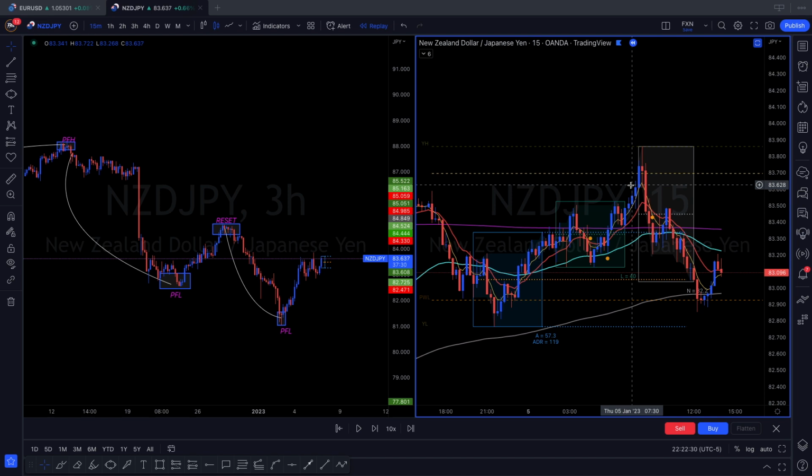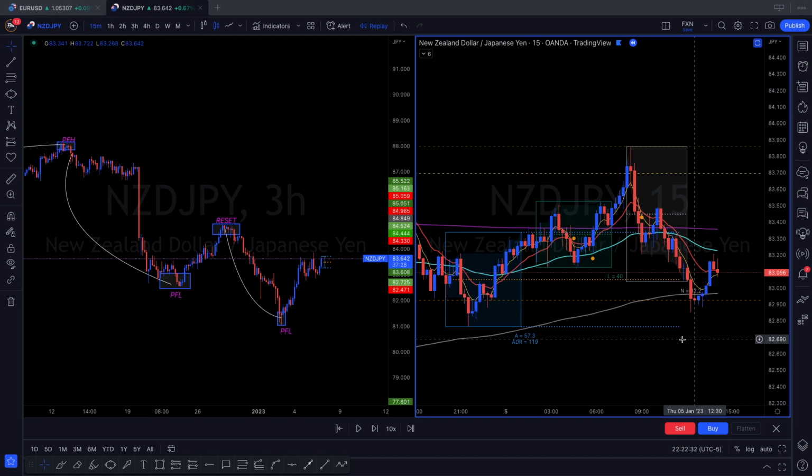Everything like that. So first things first, since we're talking about a type 3 pattern, the confirmations that I look for: number one, directional bias. Number two, it's got to come from the top or the bottom of the Asian range.